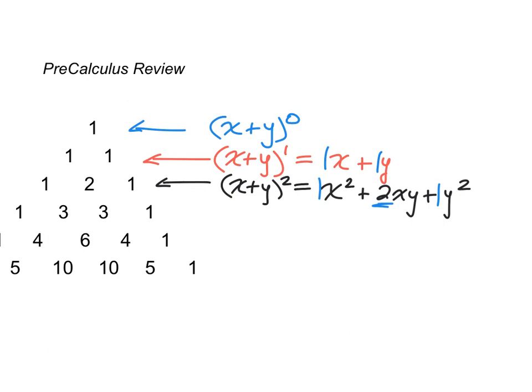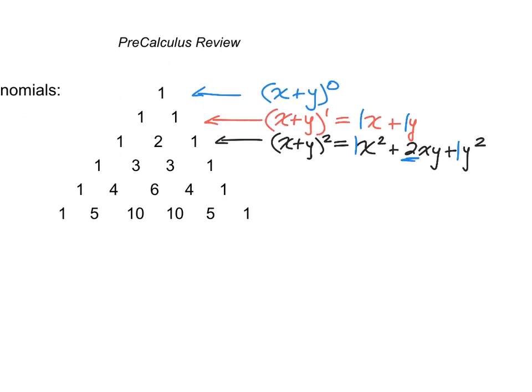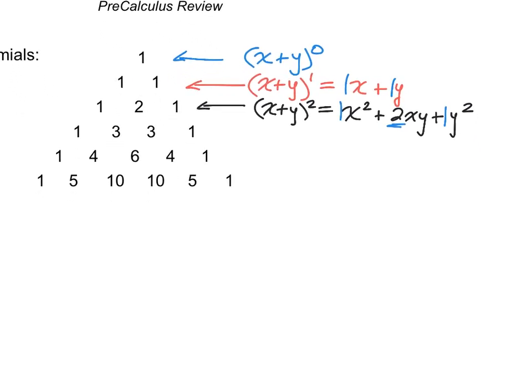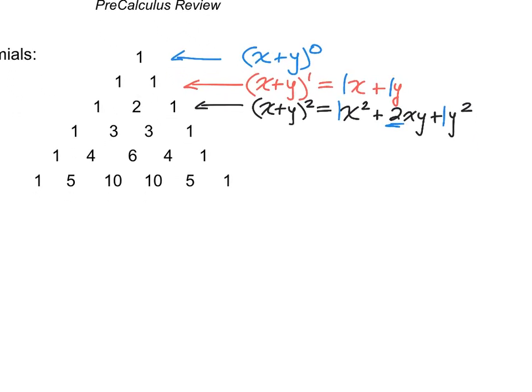Now if I needed something like x plus y to the 5th power, actually, you know what, I'll jazz it up a little bit. I'll say x plus y to the 6th power. I'll do it underneath. Well, the first row is the 0th power. The 2nd row was the 1st power.